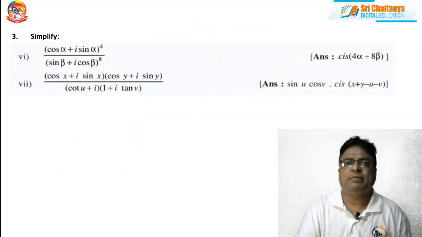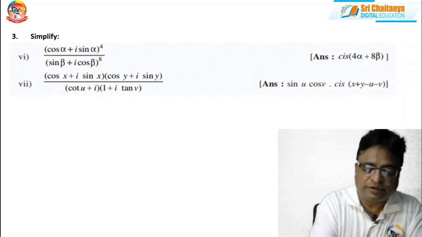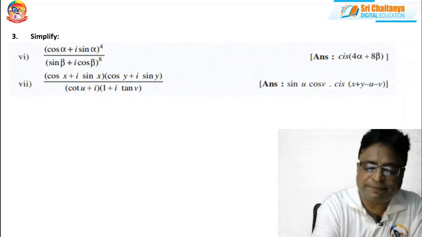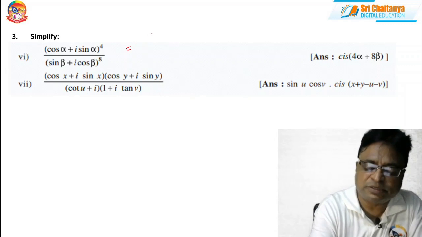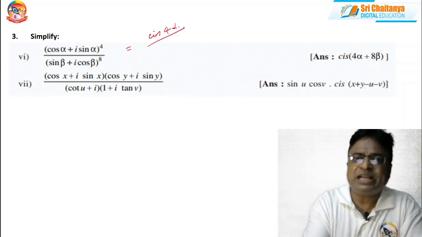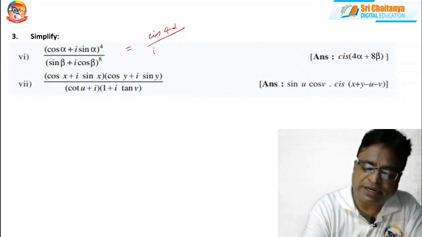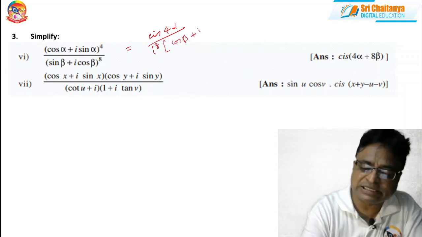Next, the fourth problem. There is no problem with the numerator, directly I can write cis 4 alpha. Whereas for the denominator I am taking i power 8, i as common, so that means cos beta plus minus i sin beta whole power 8.